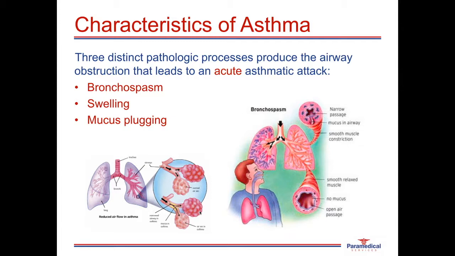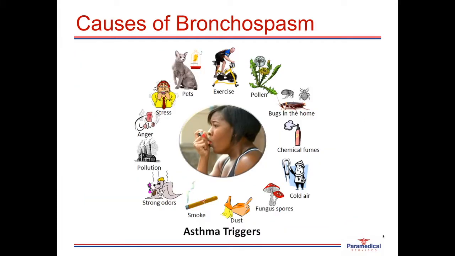In the non-asthmatic patient, this can be a result of a lung infection, toxic fume inhalations, and smoke inhalations. But in the asthmatic patient, there are many different types of irritants or triggers that can cause an asthma attack.